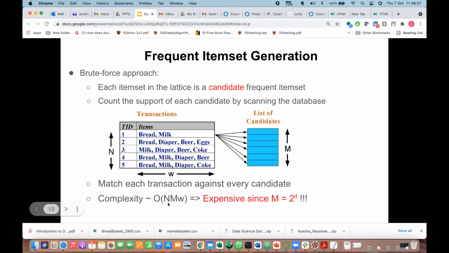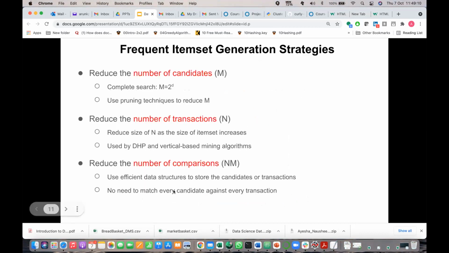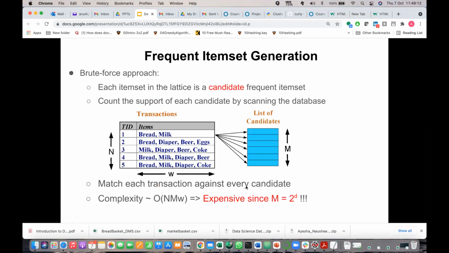Then the complexity is order of N M W, which is expensive since M equals 2 power D. Match each transaction against every candidate.